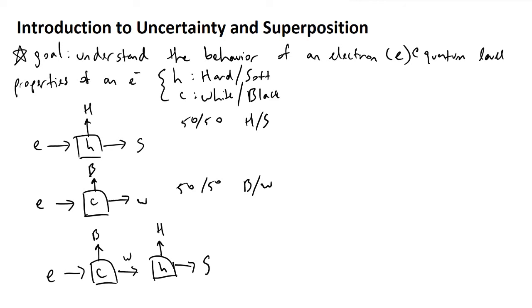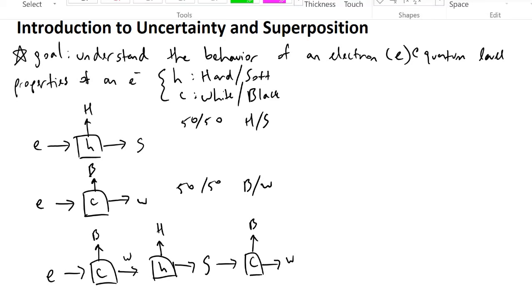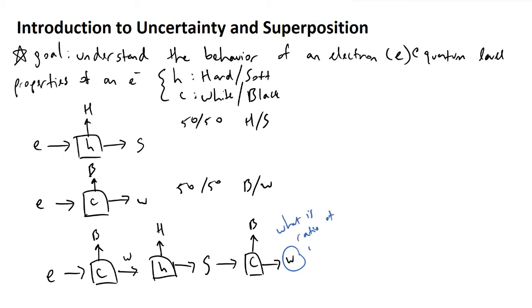If I was to then take this stream of soft electrons and then put it into a box to measure the color, my question is, what is the ratio at this box? What is the ratio of white electrons here?